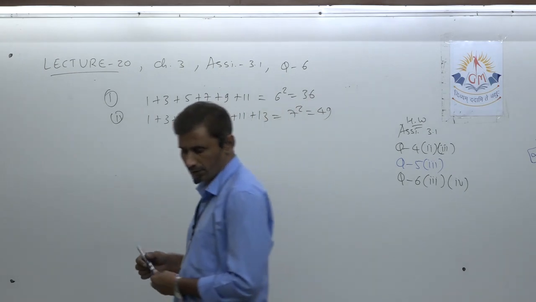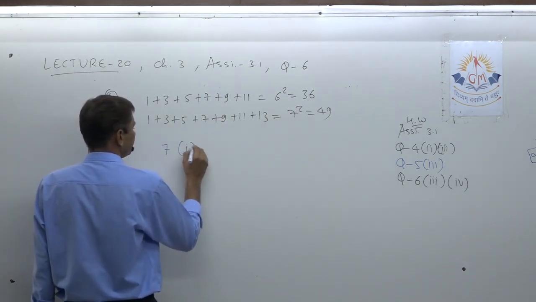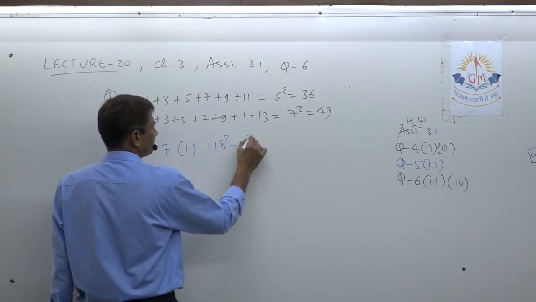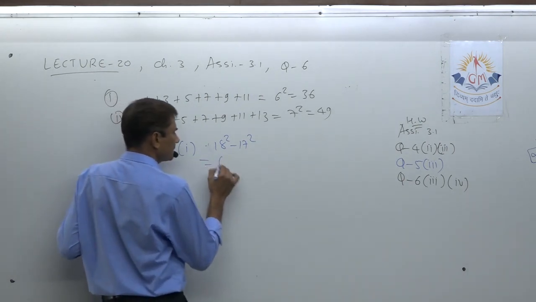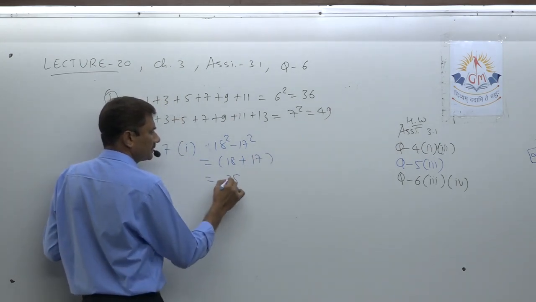So here you can write 18 square minus 17 square. How much? Sum of both numbers, 18 plus 17, 35.